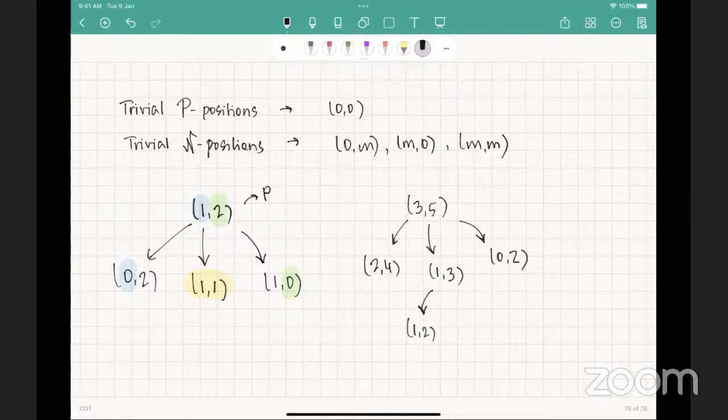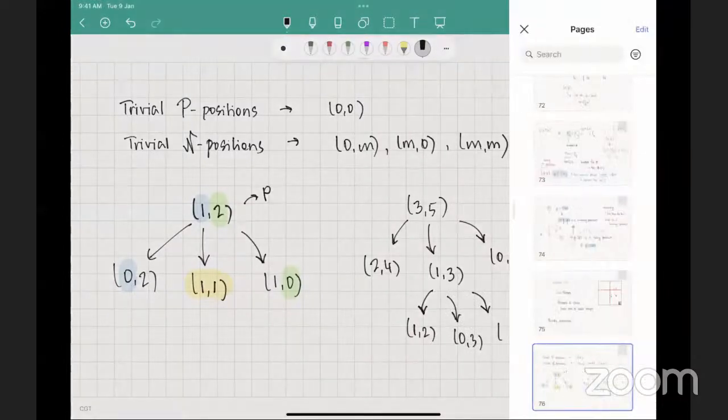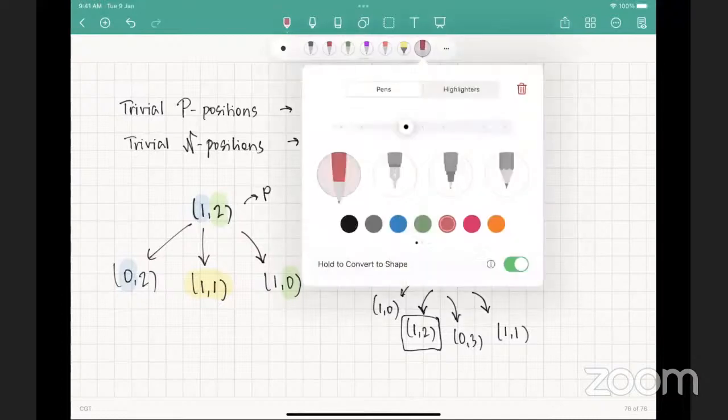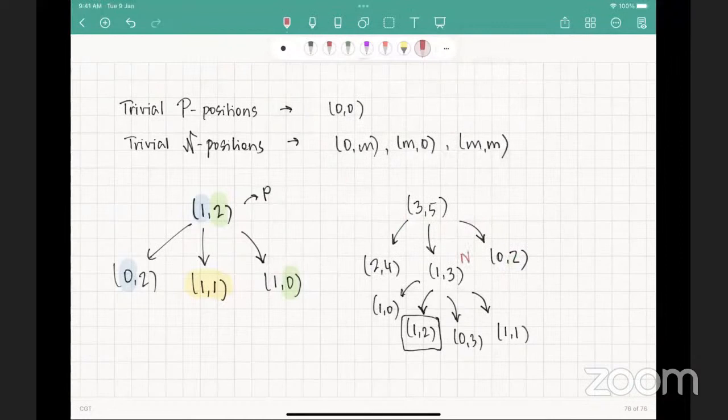Here you're going to first get to positions like 1, 2, 0, 3. So all of these are ends, although you have a P sitting here, right? And so that's going to be N already for that reason.